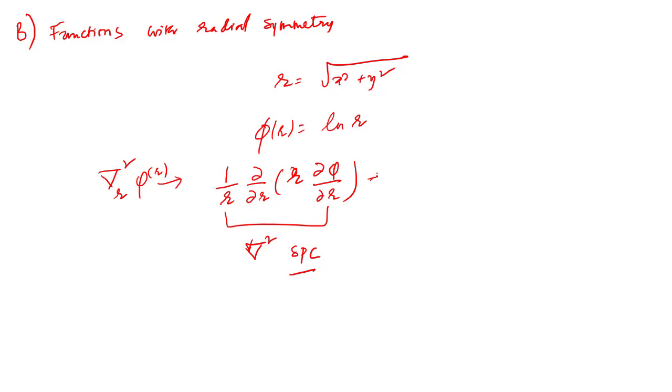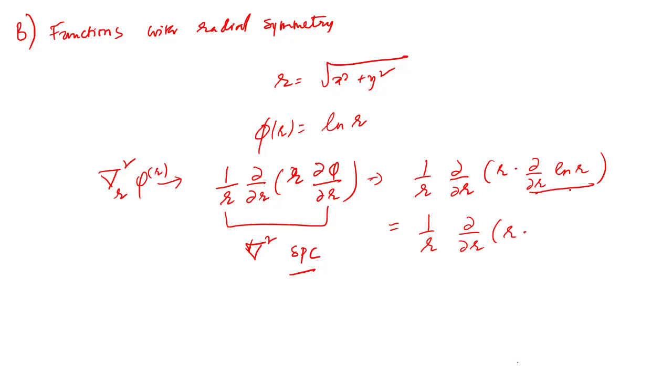So if you were to do this, you would have 1 over r dou by dou r times r times dou by dou r of ln r. That would give you 1 over r dou by dou r times r times 1 over r, since dou by dou r of ln r is 1 over r. So these r's cancel out, and dou by dou r of 1 is 0. So the Laplacian is 0.